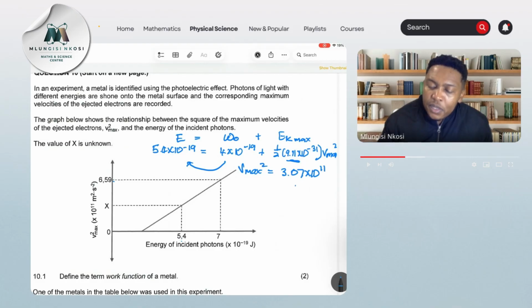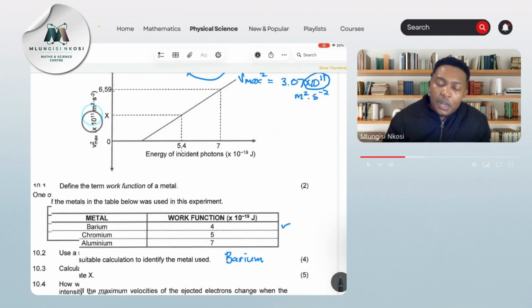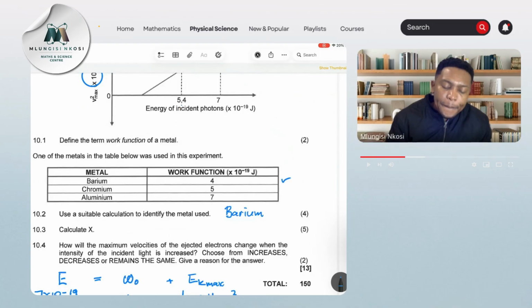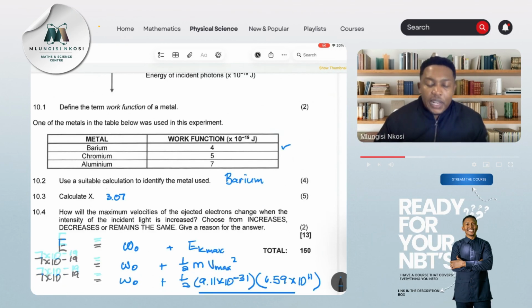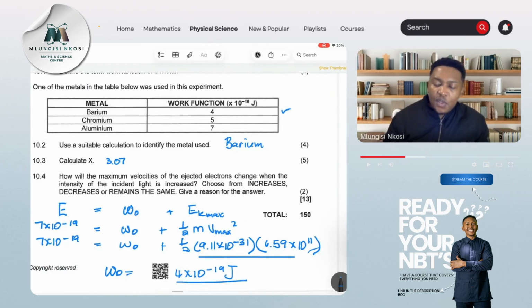And remember, this is going to be meter squared per second squared. So meaning X, because we already have the times 10 to the exponent 11, means the value of X is 3.07. Okay, right, and so that is how the cookie crumbles.